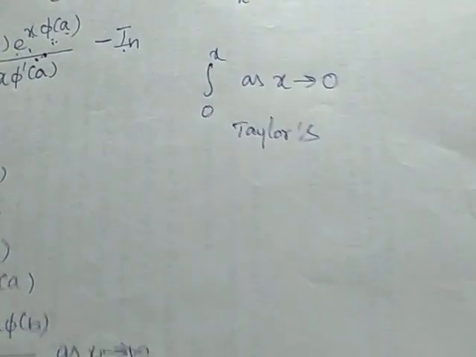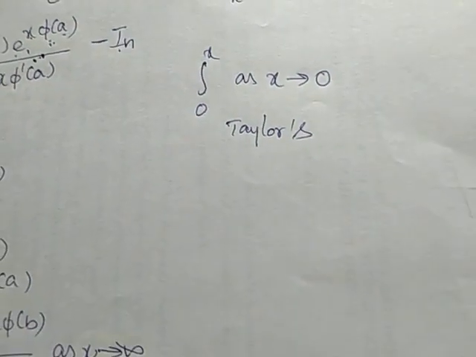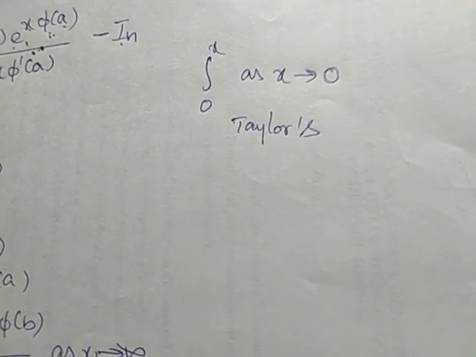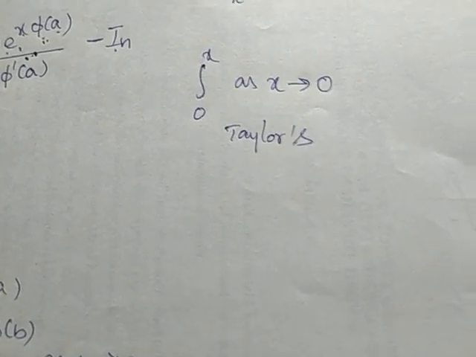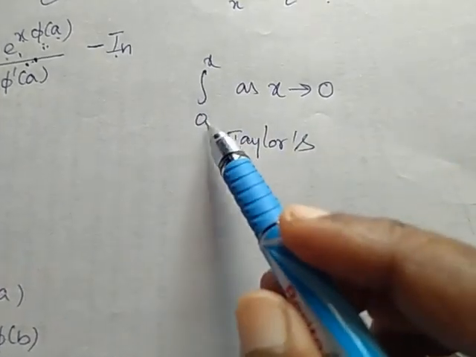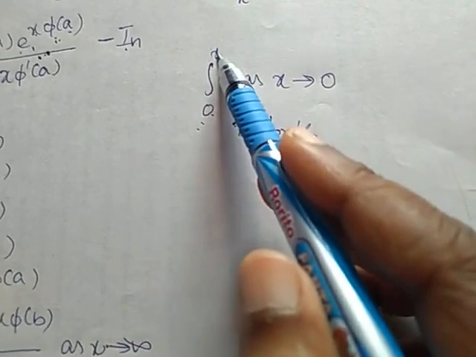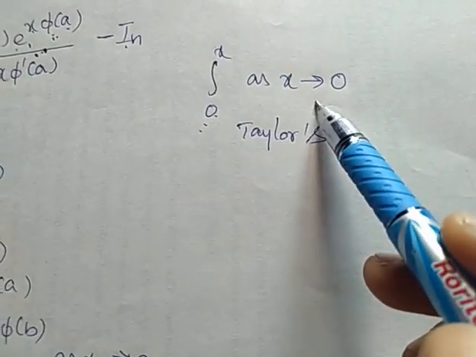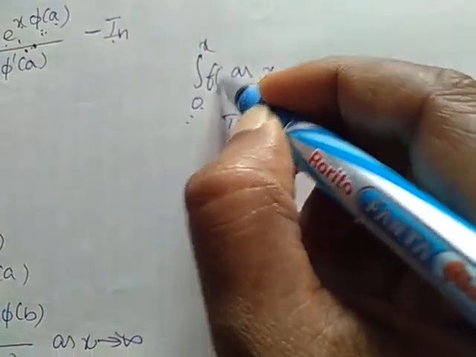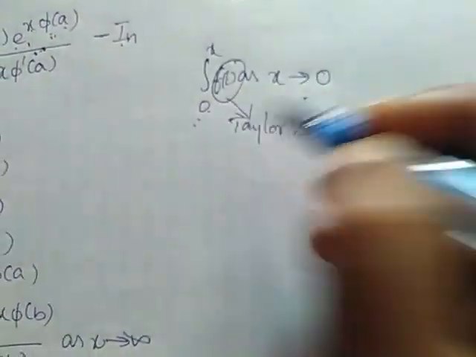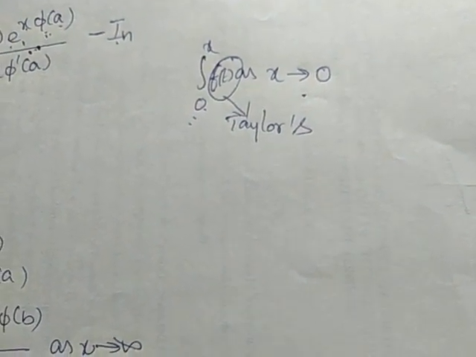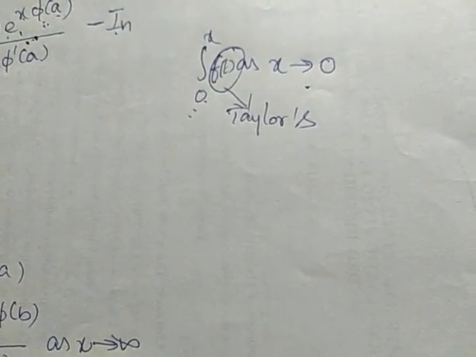In the exam, they will not ask you to find the asymptotic expansion of the integral using a particular method. If they mention it, it is fine. If they don't mention it, you can expand the given function using Taylor series, then simplify and find the asymptotic expansion.